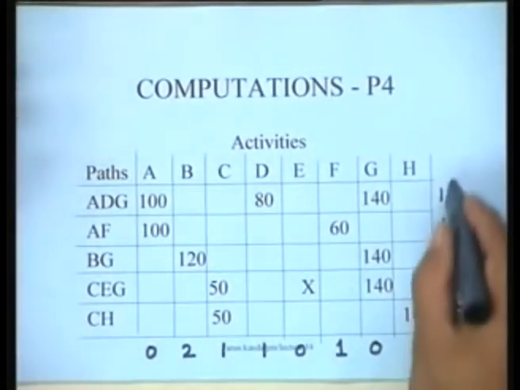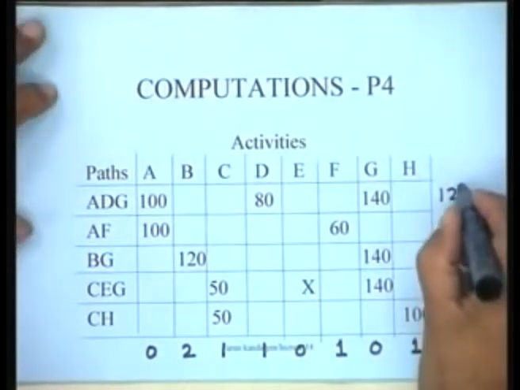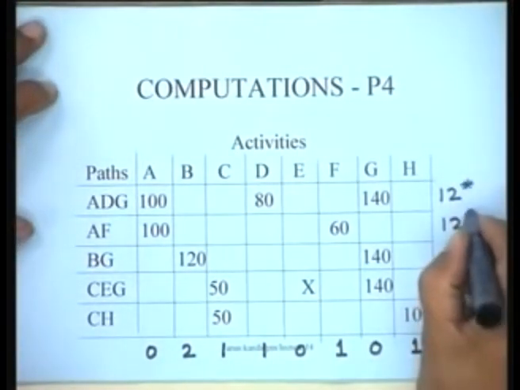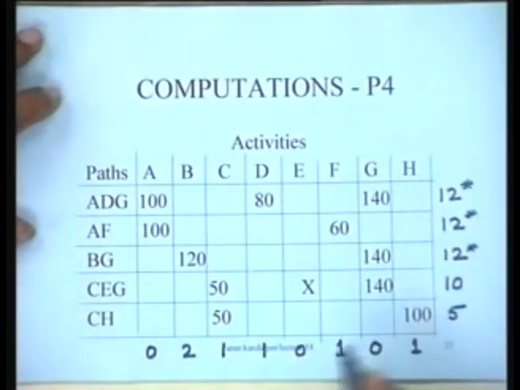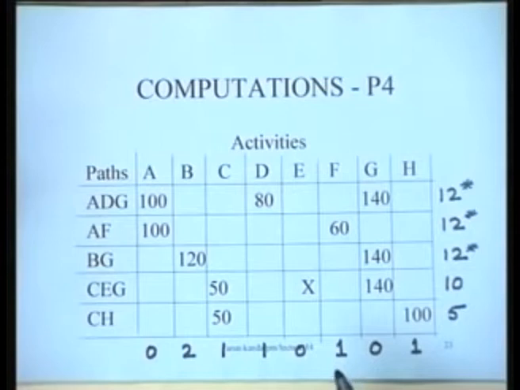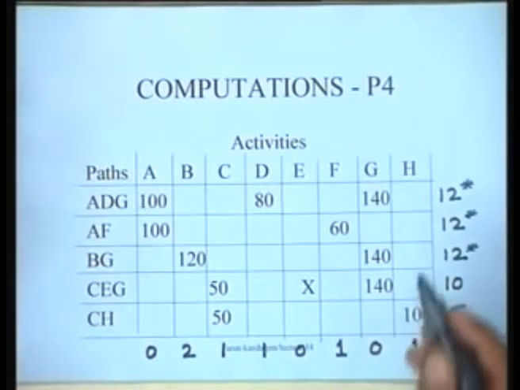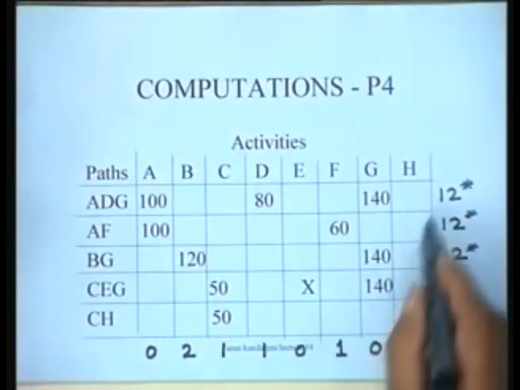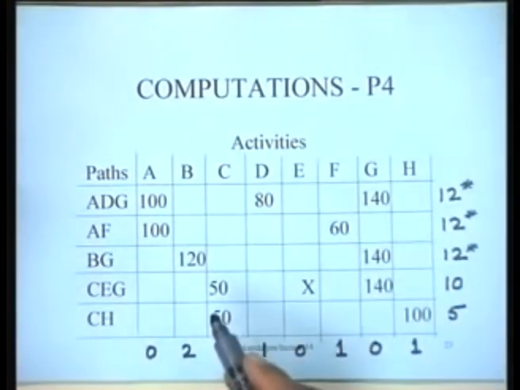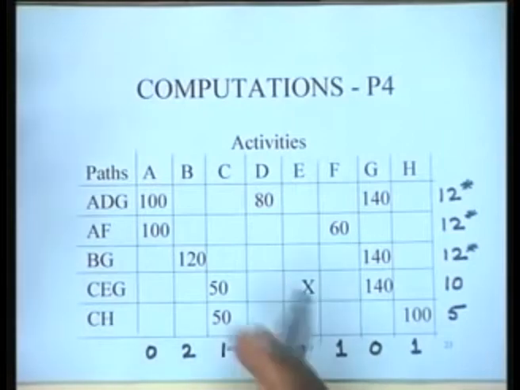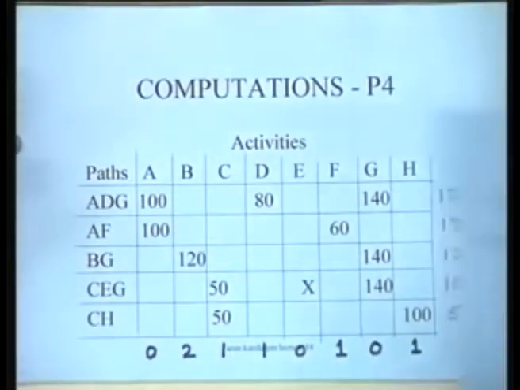And at this point you try to see, again it so happens that these three paths which have the longest duration, they are the critical paths. And because these paths are critical, we have to again look for means to reduce their durations. Since these are the same paths, we have nothing but the same options.